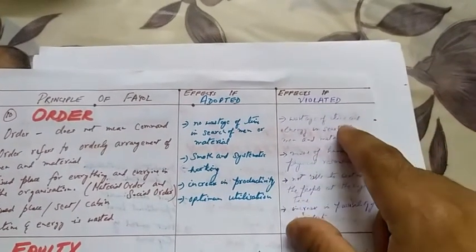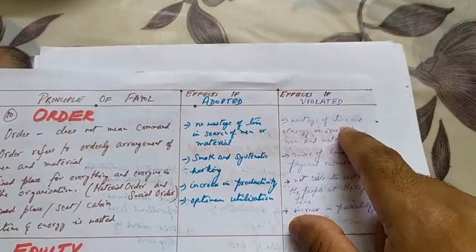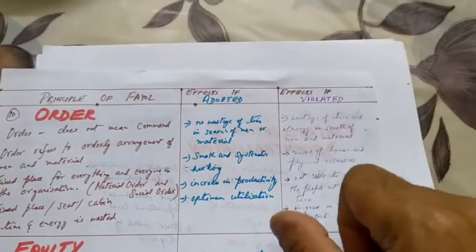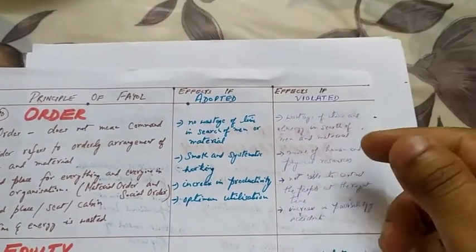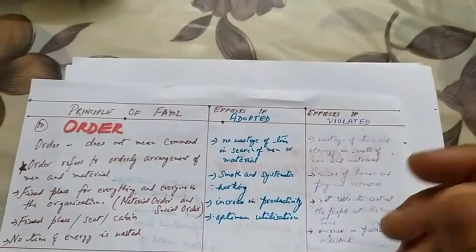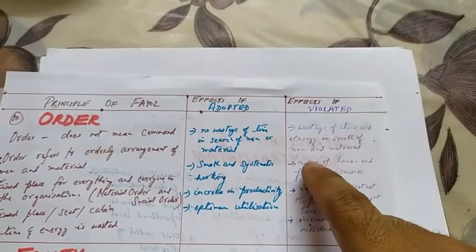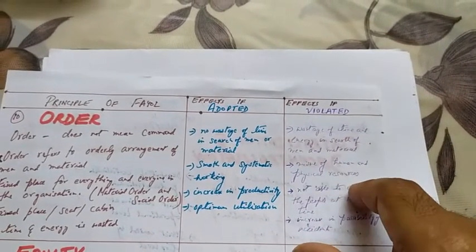But if it is violated, if the principle of order is not followed, then that may lead to wastage of time and energy. The person will keep on searching for the material or for the tools required, and that will be wasting a lot of time and energy. It may also lead to misuse of human and physical resources.